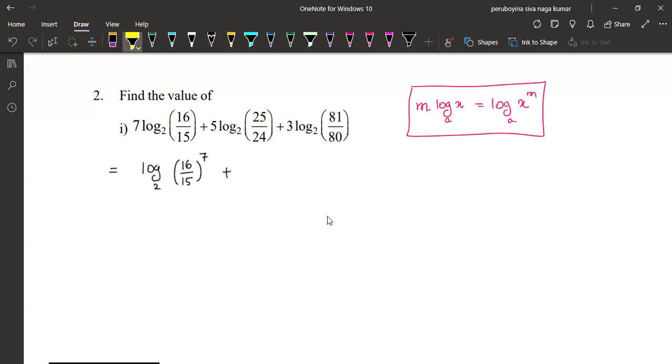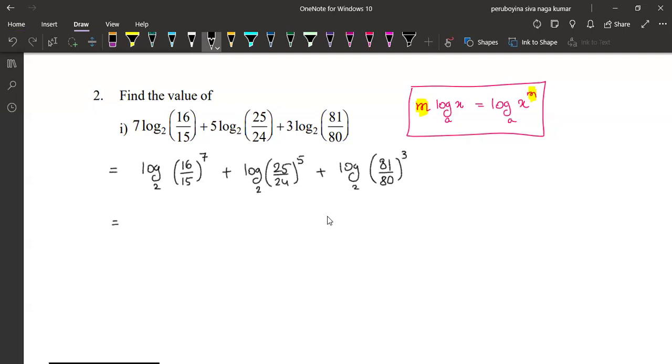So you can move that m as a power of x. And using the same property for the rest of the numbers also. So this 5 becomes whole power 5 base 2 plus log 81 by 80 whole power 3 base 2.